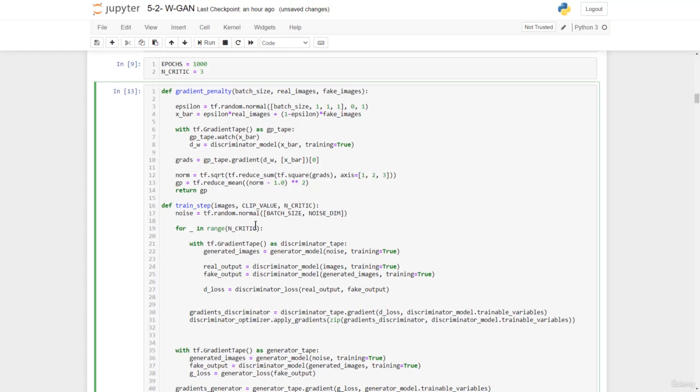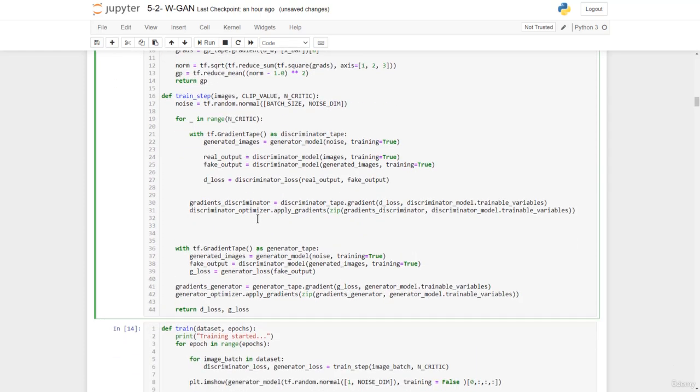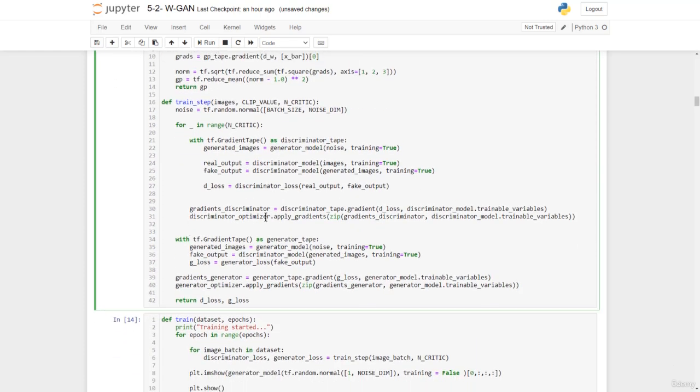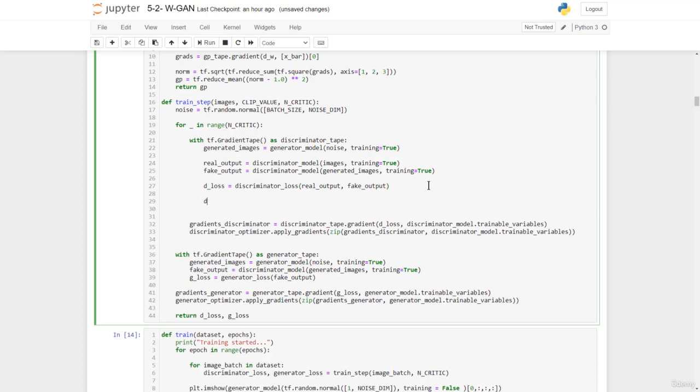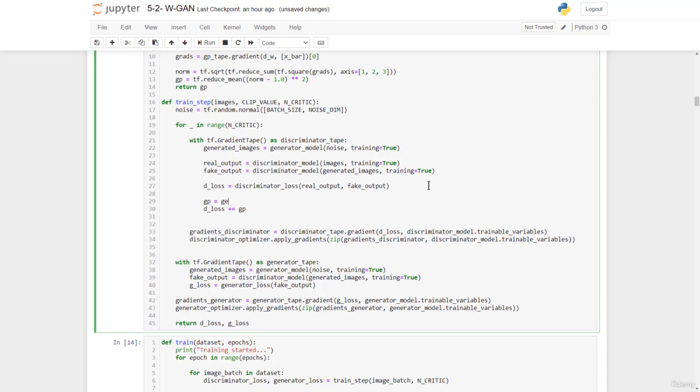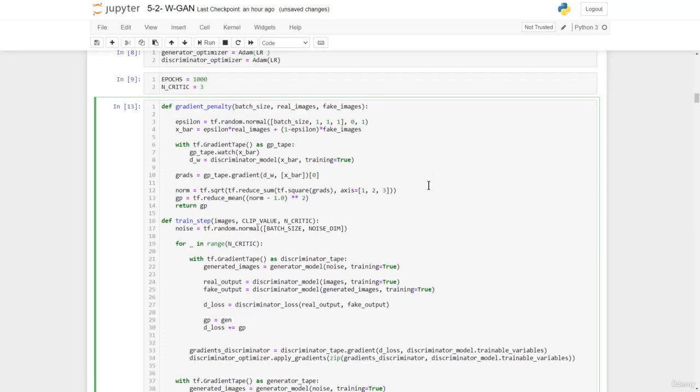After getting the gradient penalty, we just add that gradient penalty to the loss. So we'll have the loss plus the gradient penalty. Then we'll define the gradient penalty to be this function, which takes in the batch size, the real images, and the generated images. Let's take off the clip value.